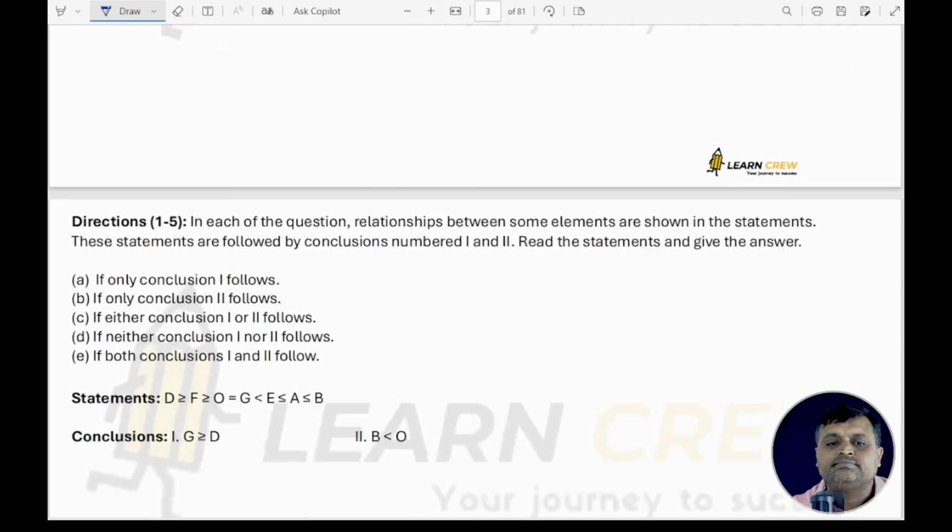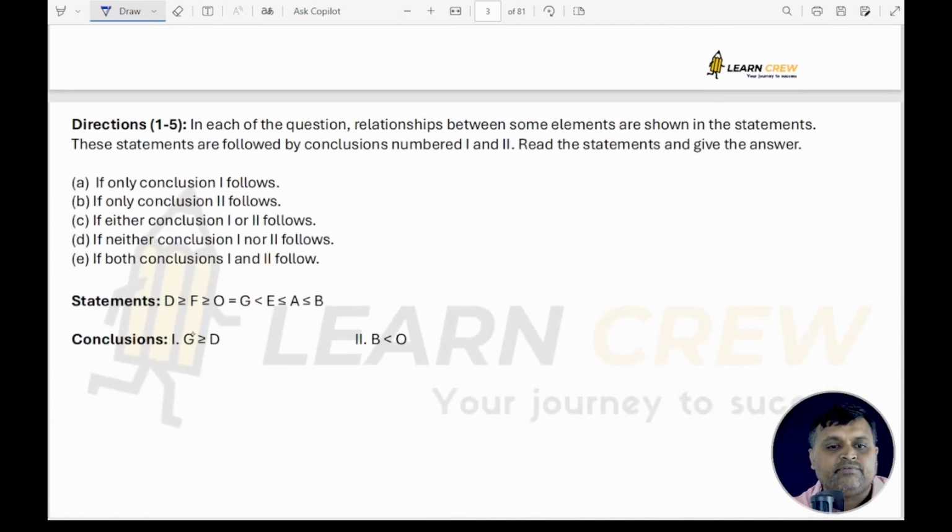Next. Second one. There is a statement given and we have conclusion 1, G and D. If you see G and D, D greater equal to G is the inequality we are going to get. So G greater equal to D is wrong.